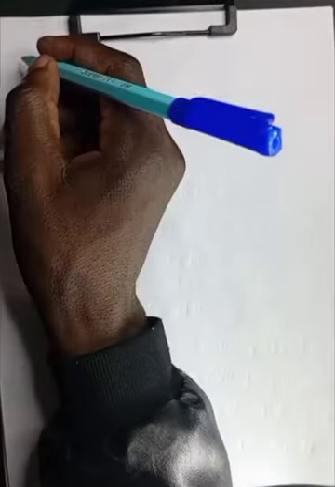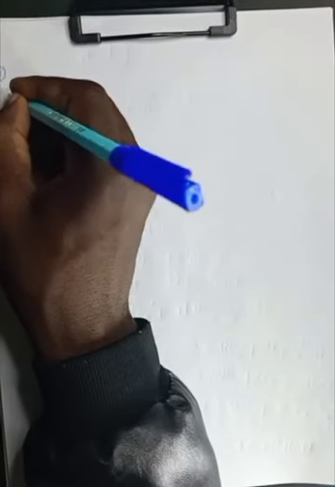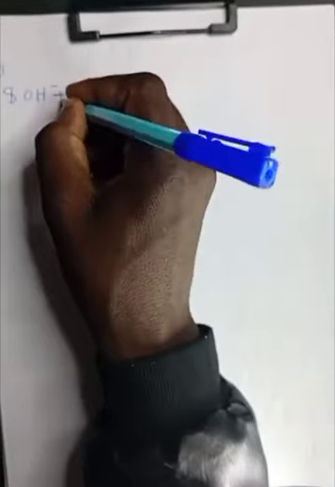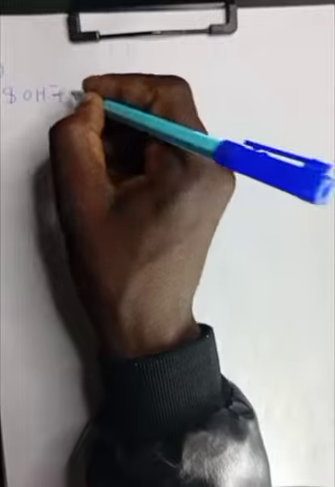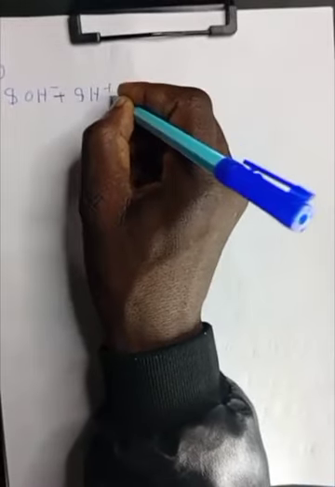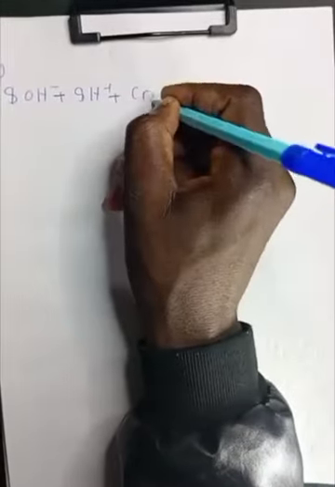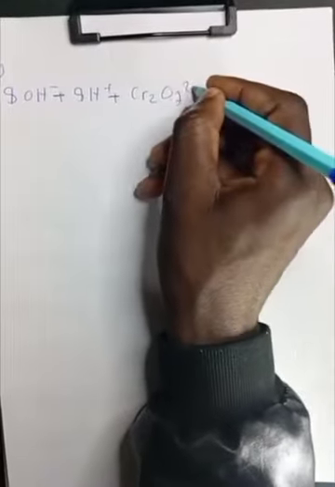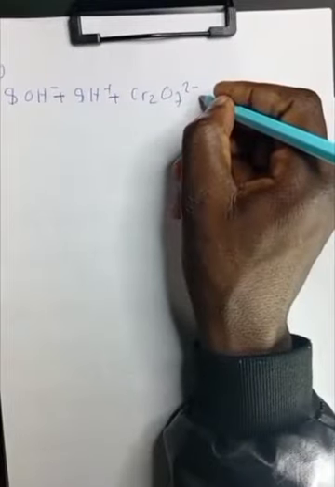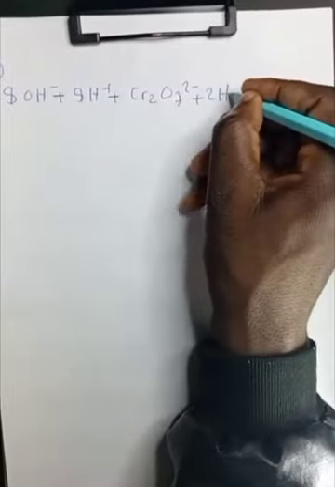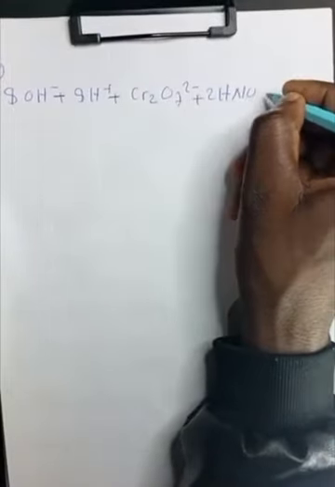Let me just make it very, very clear here what we have. So what we have, let's just make it so simple. From here, we have 8 hydroxide plus 8 hydrogen ion, then plus Cr2O7 2 minus, then plus 2HNO2.